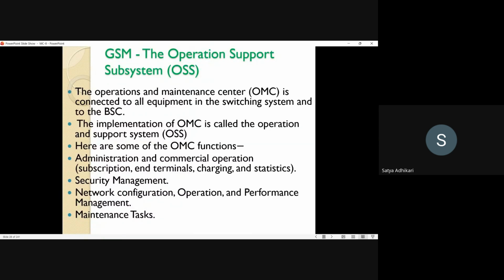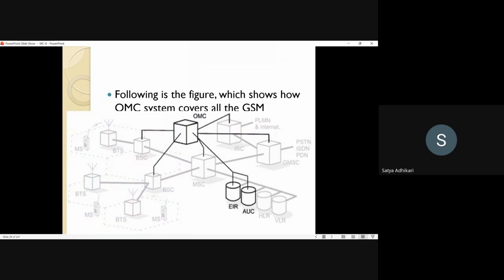Network configuration. Which type of network configuration will be done? Operation and performance management and maintenance tasks. Okay, so all the overall operation is controlled by OSS. You see here, following is the figure which shows how the OMC system covers the GSM.